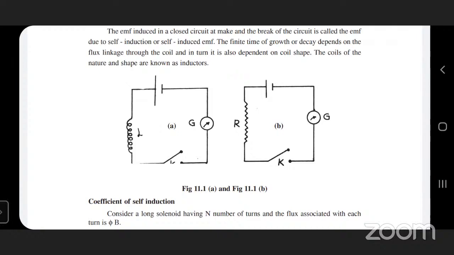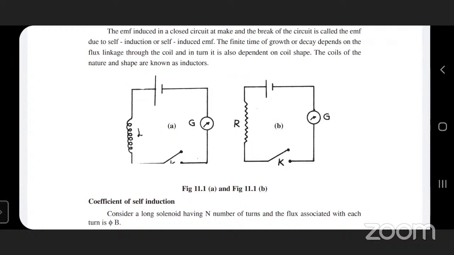Which one? Can you say that? Yeah, you can easily say the first figure. Why? Because there is a coil. A coil means a wire, and a wire is going to offer more current. You can easily measure through the galvanometer the maximum current passing through the first figure. And what about the second figure? You can easily observe that there is a resistor. What is the role of the resistor? It stops the maximum current and does not allow much current through that component.